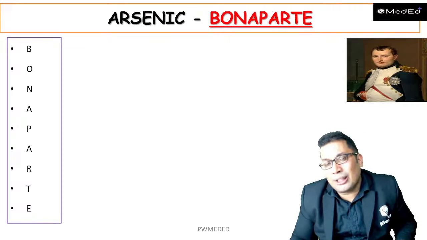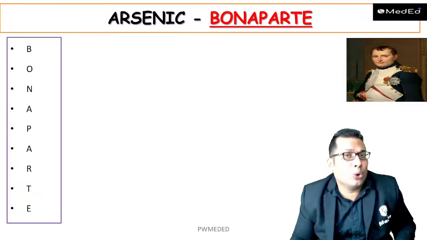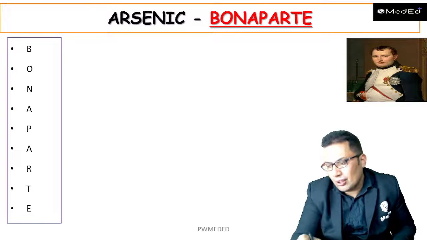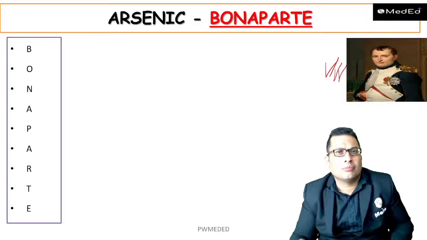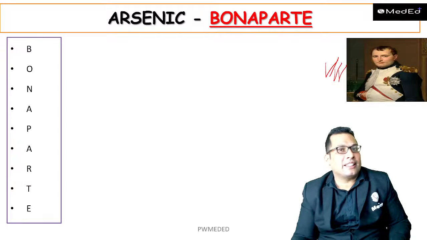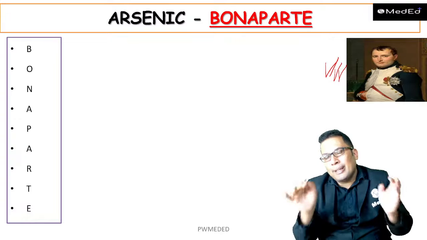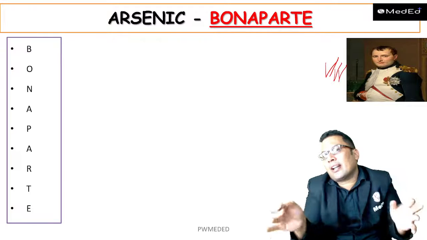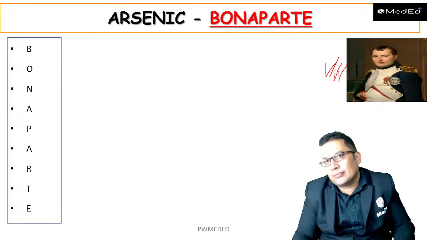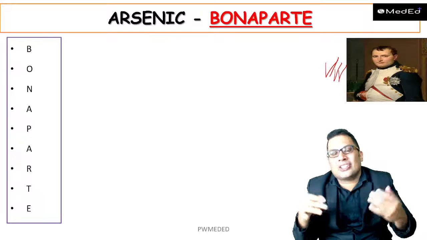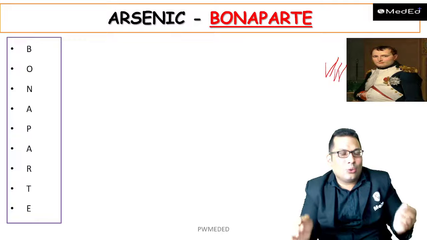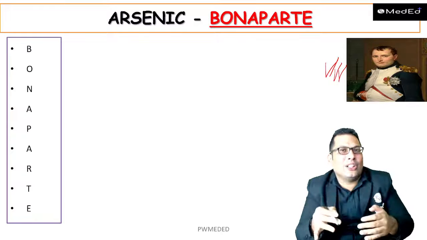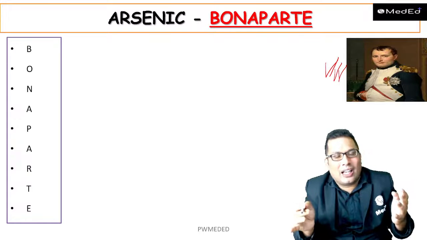The signs and symptoms and MCQs can be remembered with the help of the mnemonic Bonaparte. Napoleon Bonaparte was the very famous king. He was killed by his servant, who regularly mixed arsenic with his food and drink. The colorless, tasteless compound went unnoticed, so chronic arsenic poisoning led to many complications and he died.